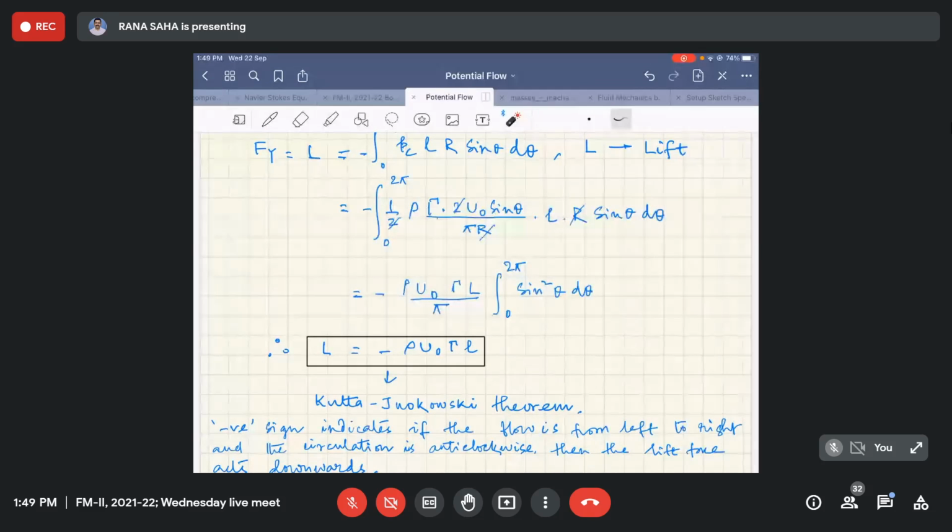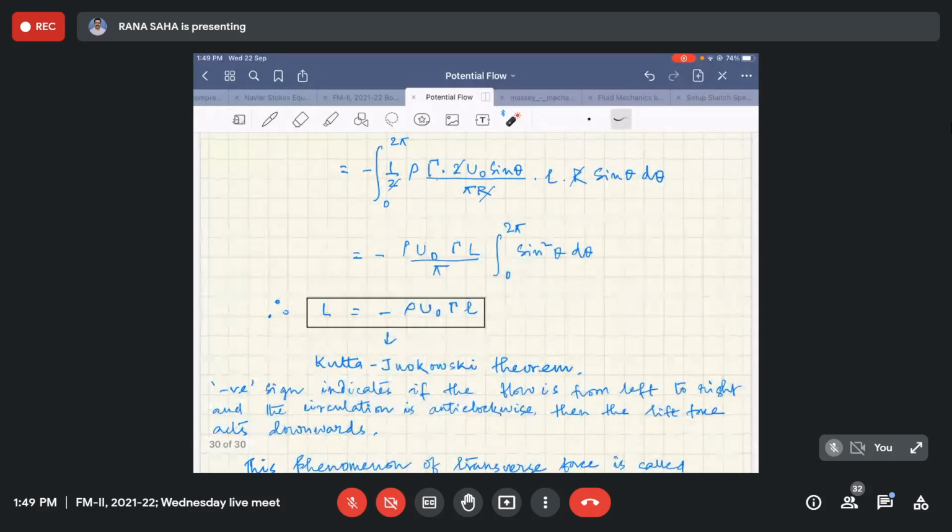This lift force comes from a theorem known as the Kutta-Joukowski theorem, and here there is a negative sign associated with it. As written, if the flow is from left to right, one can experience circulation. If the circulation is anti-clockwise, then the lift force will be downward.